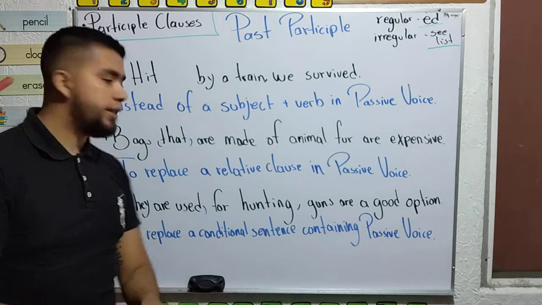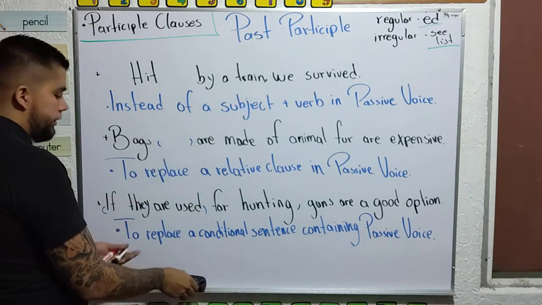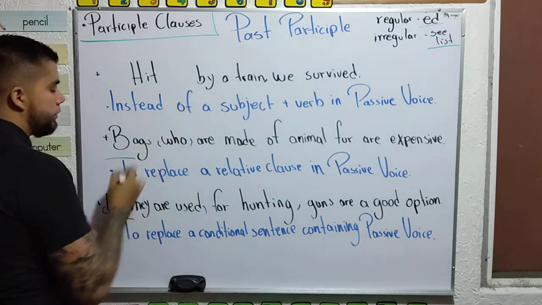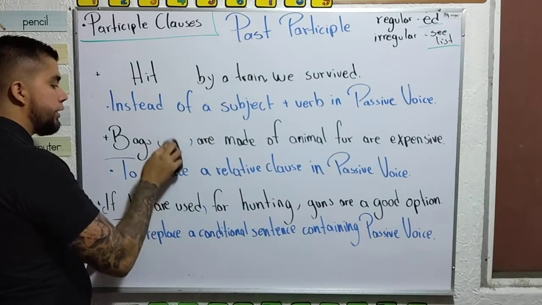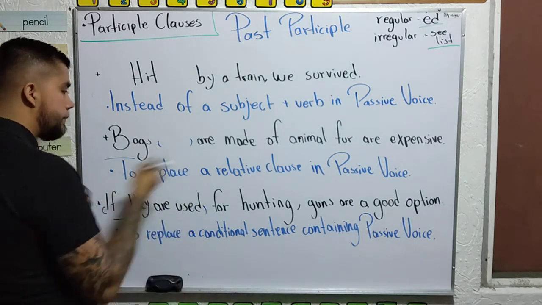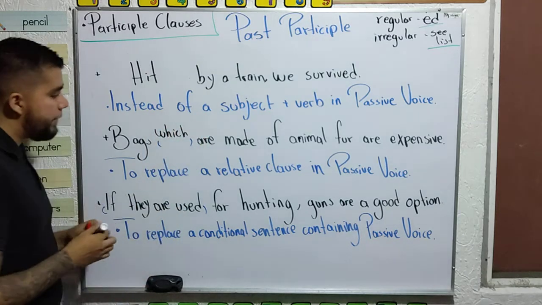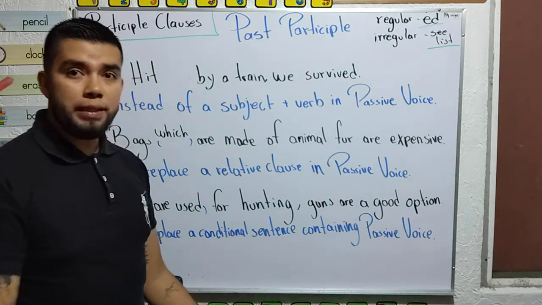Who, which, that. I have that, but I can use a different relative clause. I'm talking about objects. I can say bags which are made of animal fur are expensive.